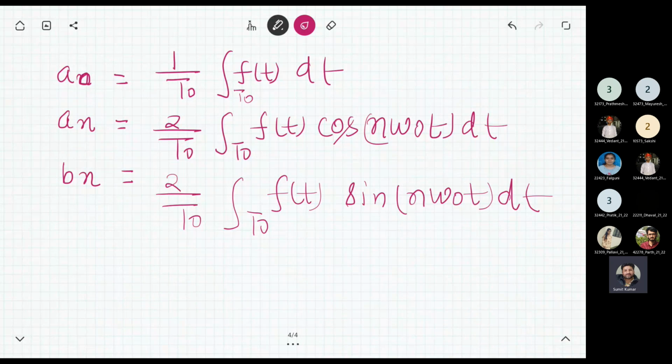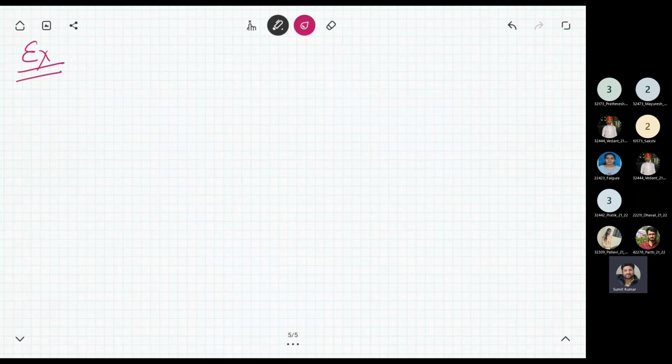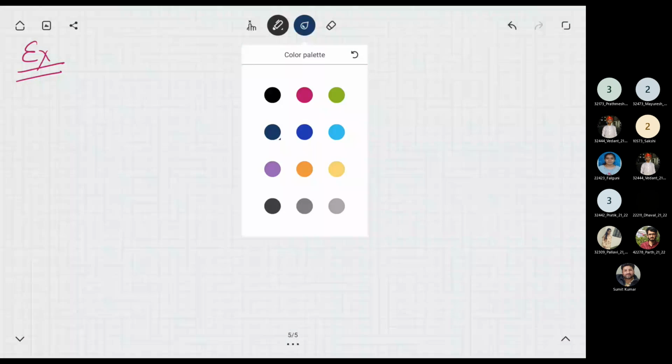Let me start with a very simple problem. The very first example that I'm going to take is a rectangular kind of pulse.